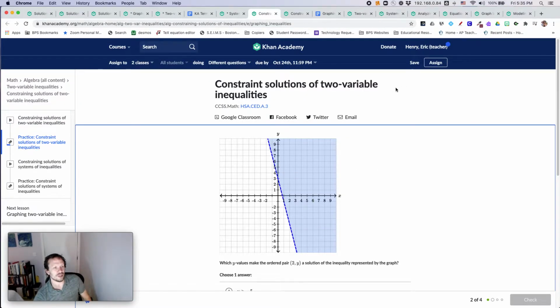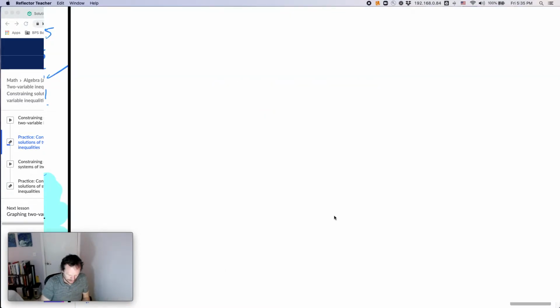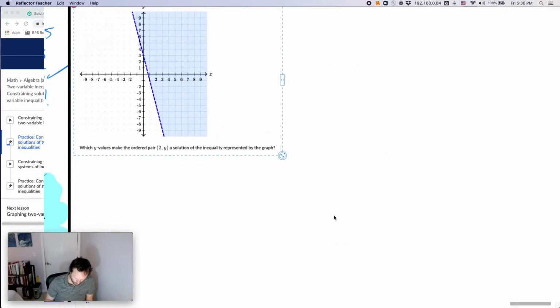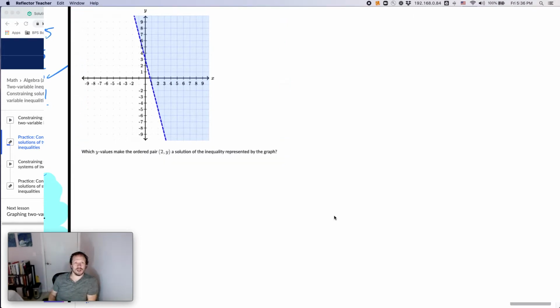Constraint solutions of two variable inequalities. This is one of my favorite of the assignments from this week, because it utilizes the skills that we've been working so hard to develop around conceptual understanding for number lines and how number lines work.